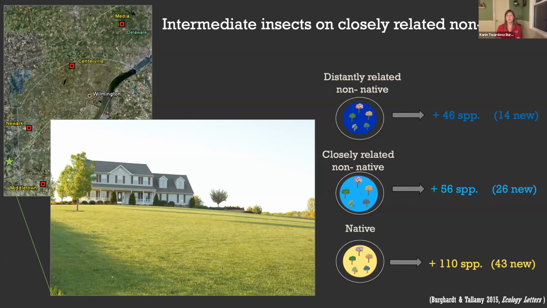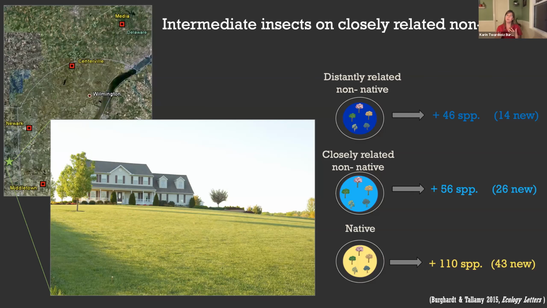So this is just a quick summary of this data, and I'm happy to discuss more of these results. But essentially, if you think about the diversity patterns here, what we find is that if you were to plop down another garden in the middle of this lawn of distantly related non-natives only, that garden would host about 46 species of herbivorous insect.